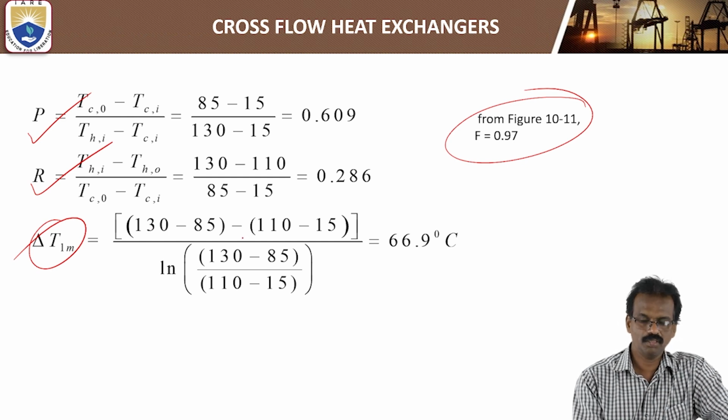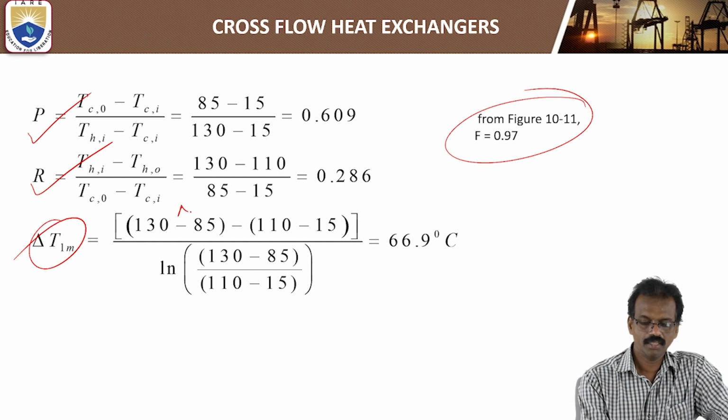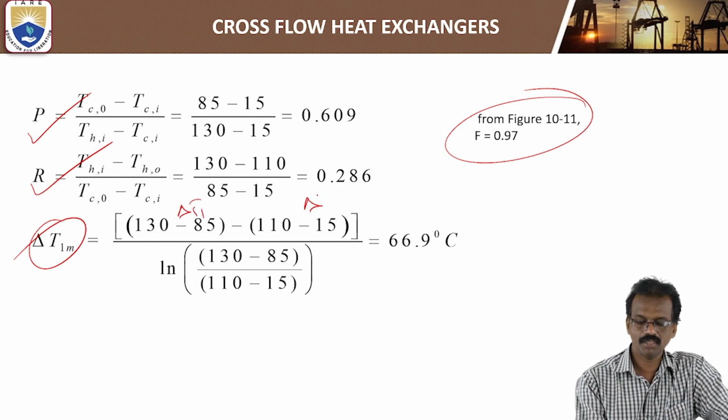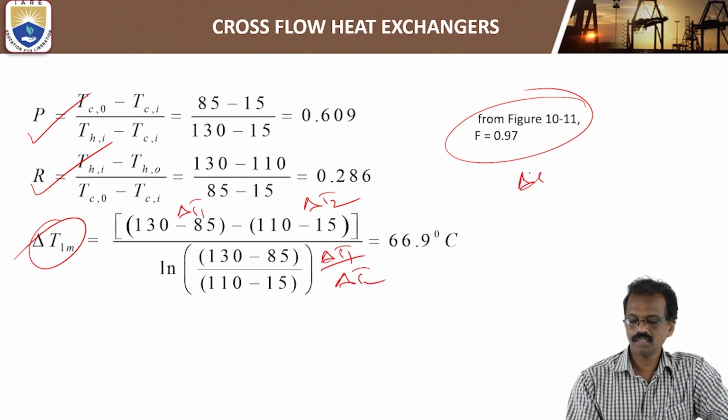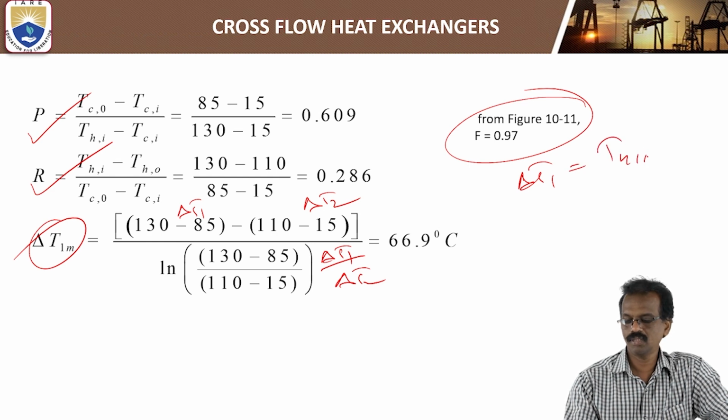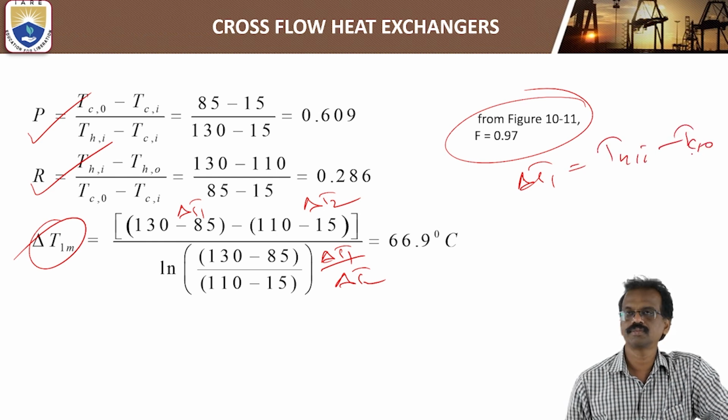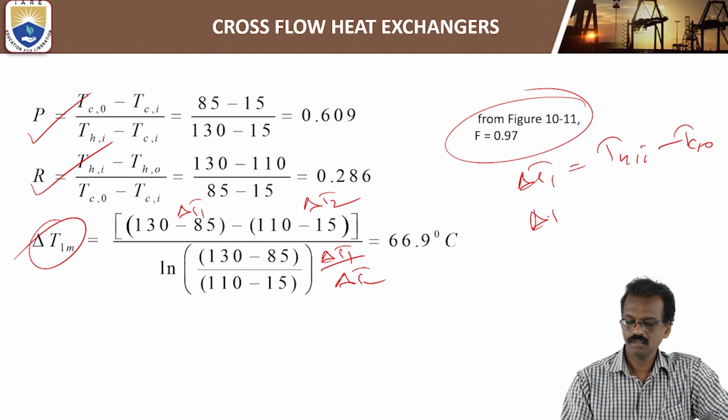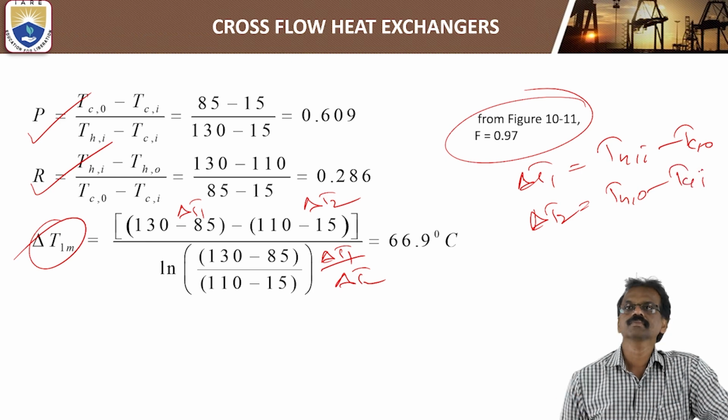This formula is for the counter flow heat exchanger: delta T1 minus delta T2 divided by ln of delta T1 by delta T2. Delta T1 for the counter flow is hot fluid inlet to cold fluid outlet, so opposite directions. Delta T2 is hot fluid outlet to cold fluid inlet.